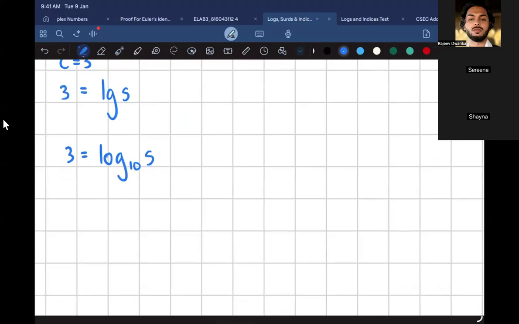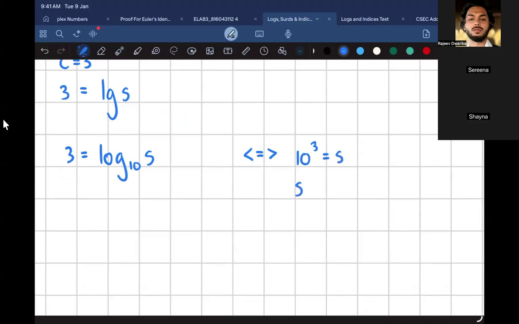So Serena, you remember how this goes? If I want to convert that to the indice form, how would I do that? It would be 10 to the power 3 equals S.